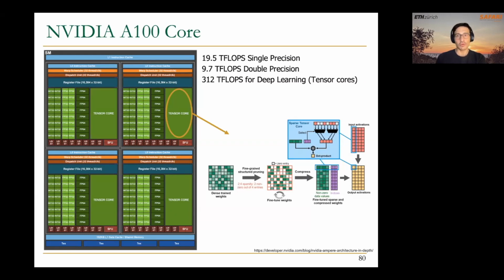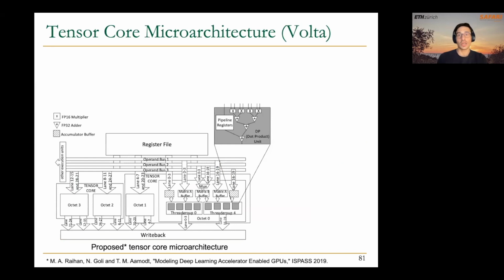The only thing that I would like to show just before finishing is a little bit of the microarchitecture of these Tensor cores that were introduced in the Volta architecture 3 to 4 years ago.